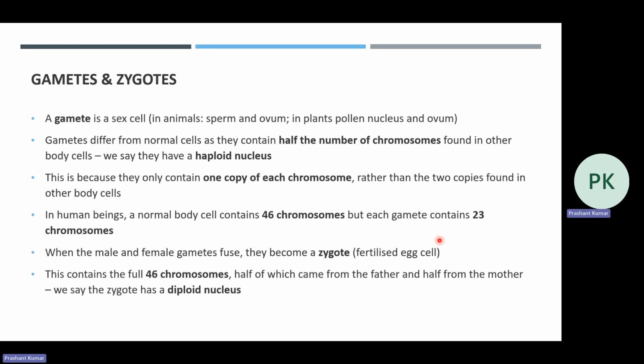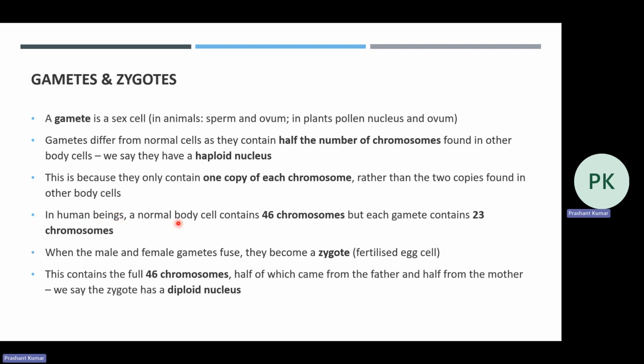Of course, when we talk about sexual reproduction, we'll talk about gametes and zygote, right? So a gamete is a sex cell. Example, sperm cells, ovum cells, pollen grain, right? Gametes differ from normal cells because gametes have a half chromosome number, haploid set, right? The reason why they have half is that when the gamete is going to fuse with another gamete, half is here, half is there, so both will combine to make a full set.